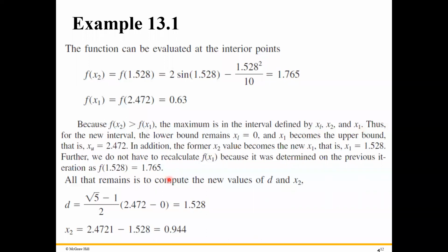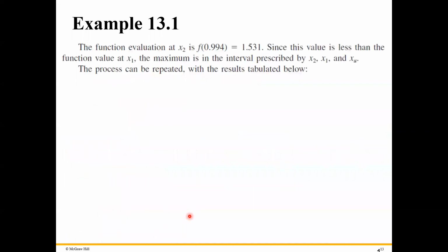So it will be 2.472 minus 0 is equal to 1.528, and x2 will then be 2.472 minus this value, which in this case is 1.531.